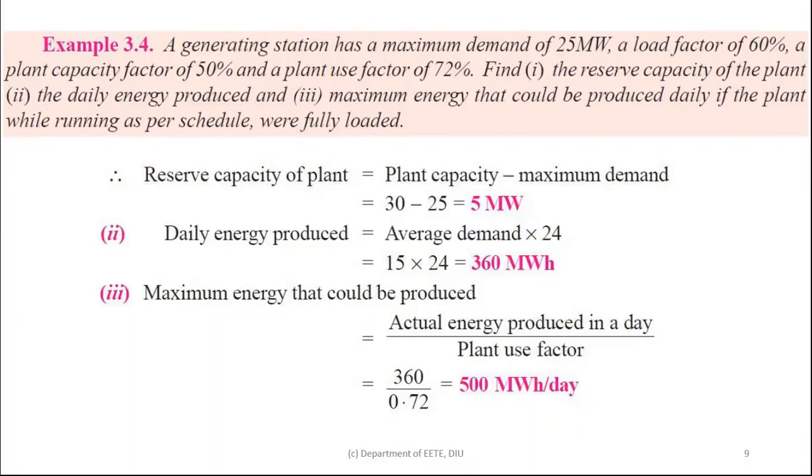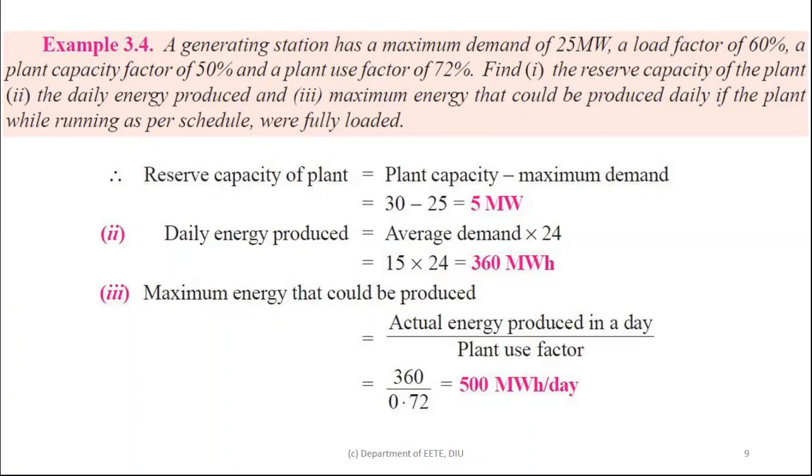Cross multiplying, the maximum energy produced, asked in question 3, is the actual energy produced in a day divided by the plant use factor. So 360 divided by 0.72 gives 500 megawatt hour per day. Basically, 500 megawatt hour we can produce.